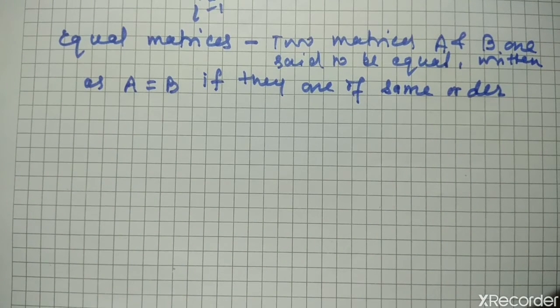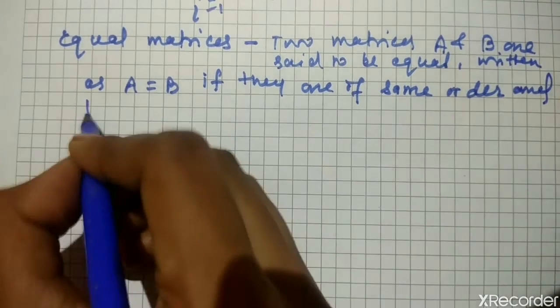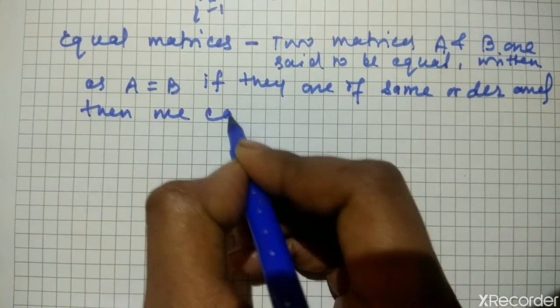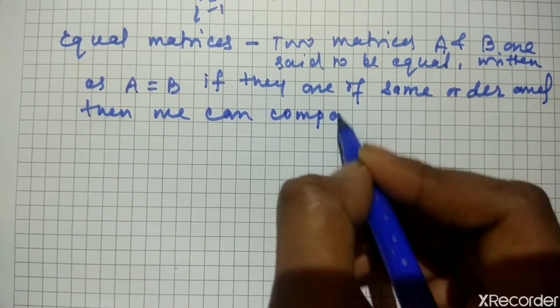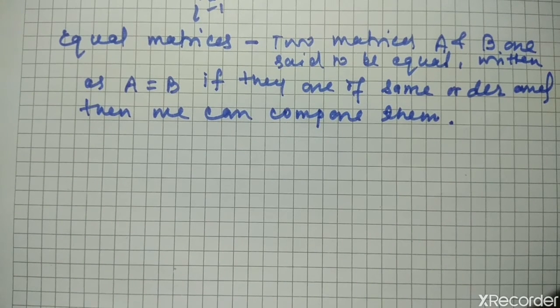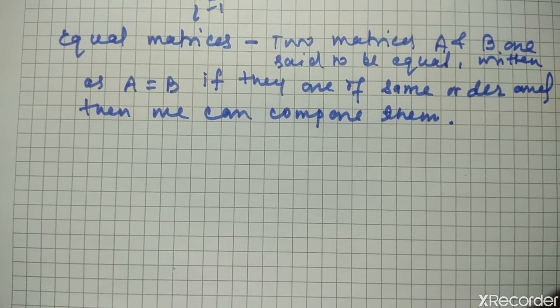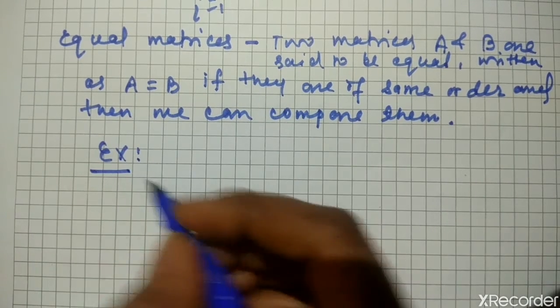Order must be the same, and then only we will say that the matrices are equal, and then we can compare them. Just above we have seen what comparable matrices are. If we have two equal matrices, then we need to compare those matrices to find the value of the unknowns asked in the examinations.